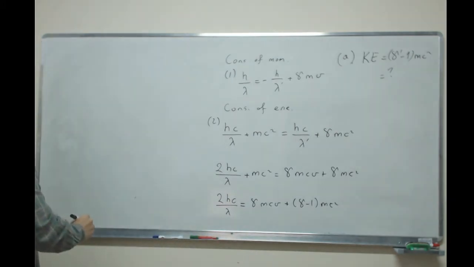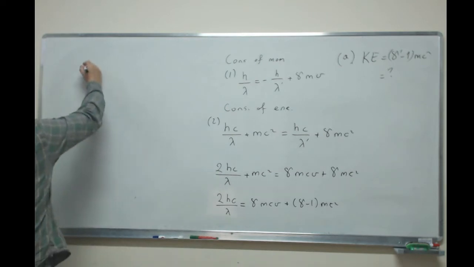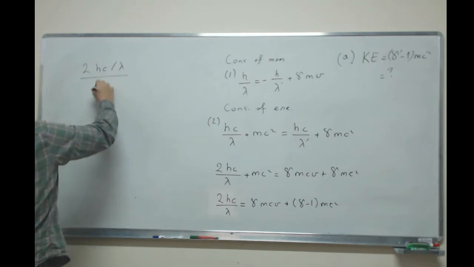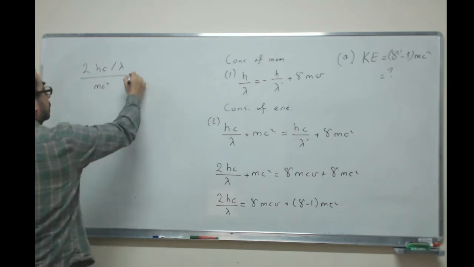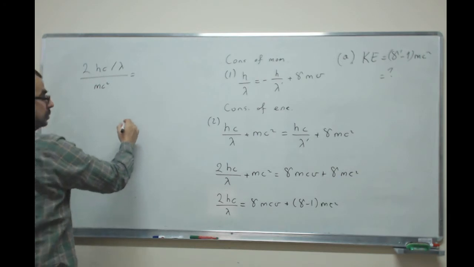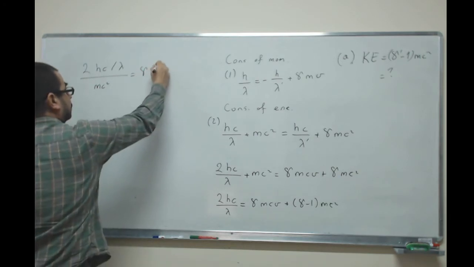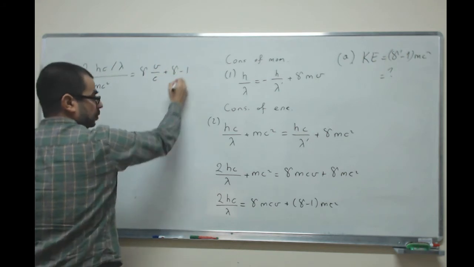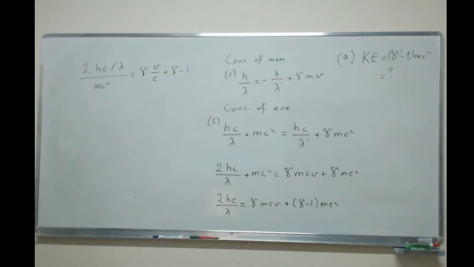I also make one arrangement in this equation that will make my life easier. I will divide both sides by mc squared, to make everything dimensionless. So I'm going to have 2hc over lambda by mc square here, equal to gamma v over c plus gamma minus 1 over here. And this is a number I can calculate.